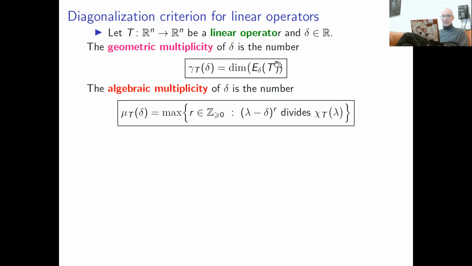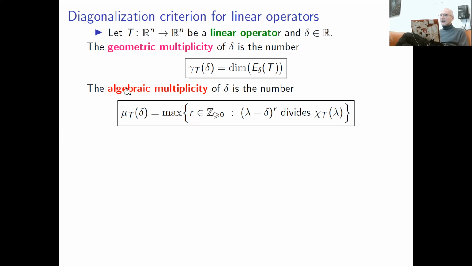So if delta is an eigenvalue, this space consists of all eigenvectors of T with eigenvalue delta plus the zero vector. If delta is not an eigenvalue, this is just the zero-dimensional space. This is just zero. So the geometric multiplicity is zero.